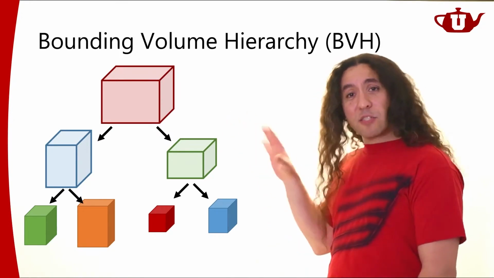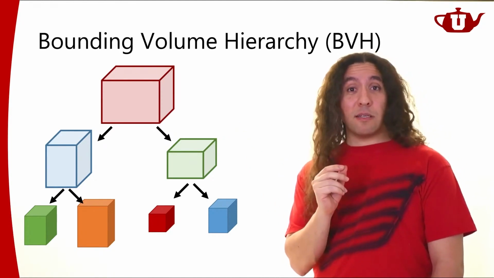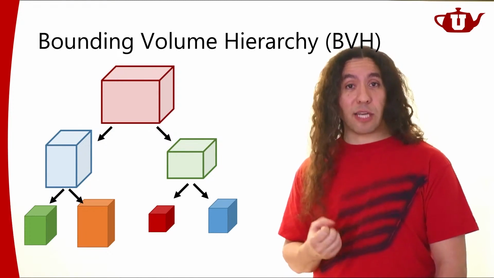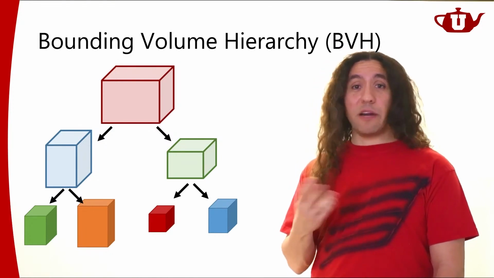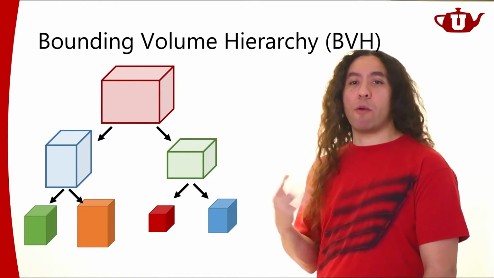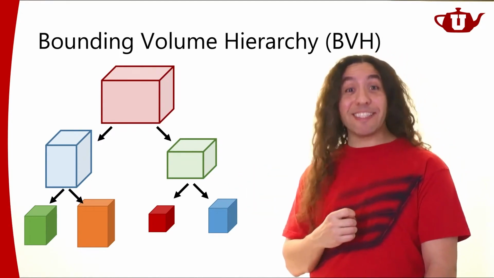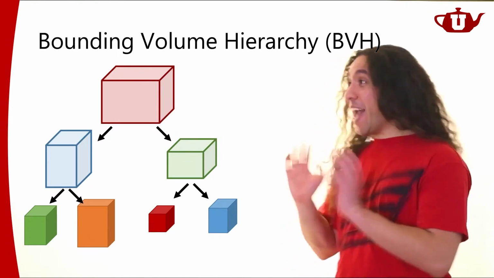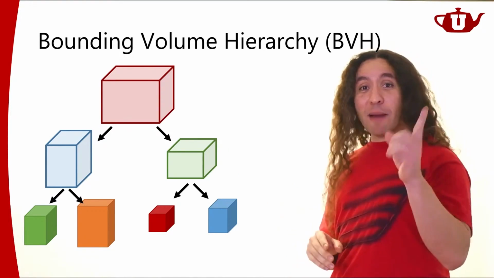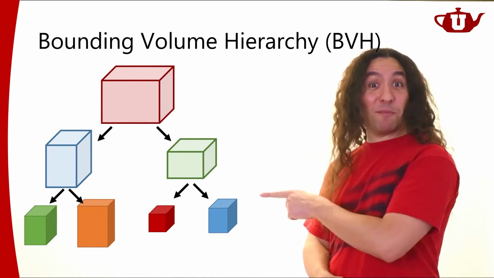If your BVH is good, then your ray tracer will perform very few ray triangle intersections in the end. Very few. How many? About, on average, it will perform only a handful of ray triangle intersections. Yeah, that's true. So I have millions and millions of triangles, and I'm going to be testing, let's say, 4 of them before I find the hit.